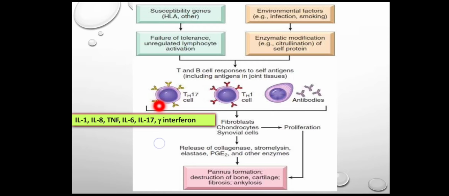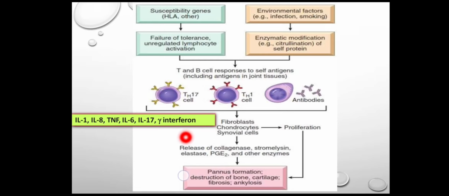The TH17 cell and TH1 cell: TH17 cells release interleukin 17, which recruits neutrophils and monocytes. TH1 cells release interferon gamma, which will recruit macrophages. TNF and interleukin 1 from the macrophages stimulate the synovial cells to secrete proteases.